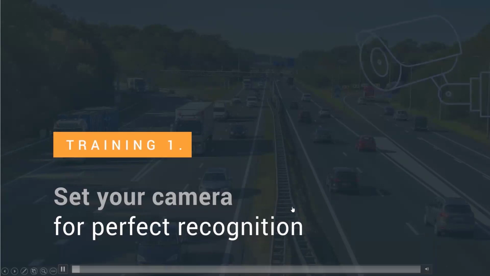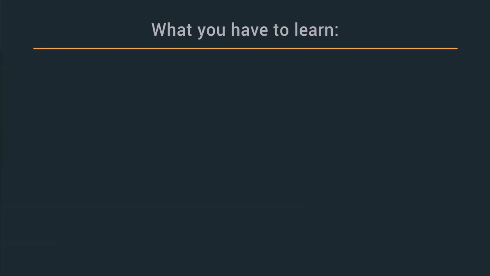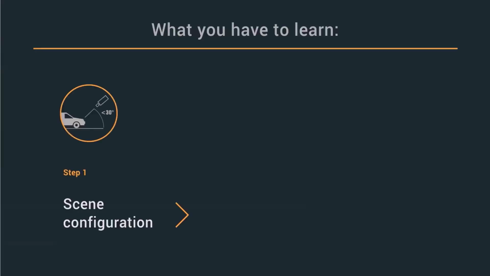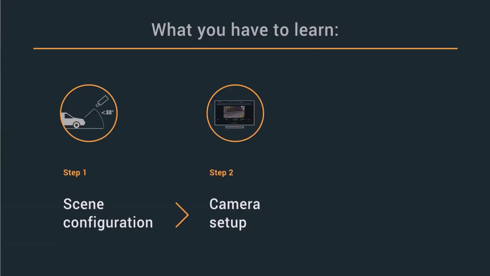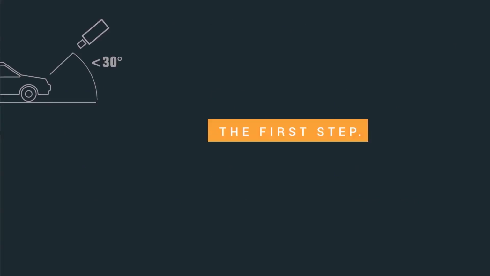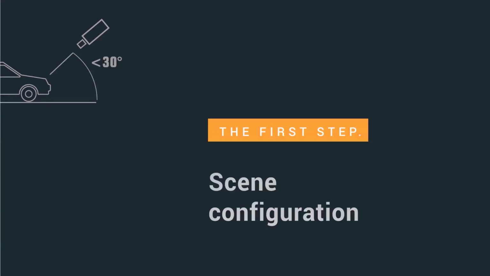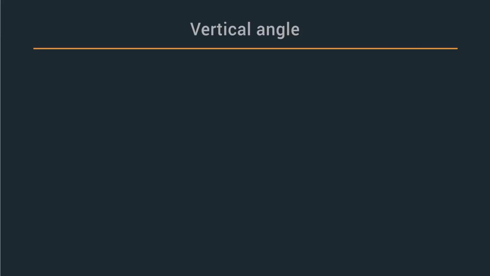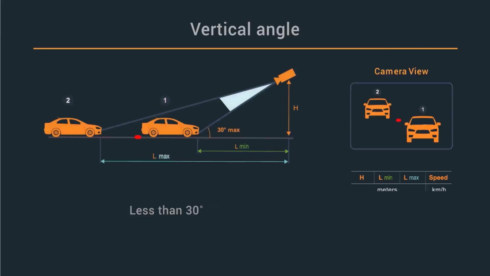Recognition. What you have to learn: scene configuration, camera setup, recognition zone settings. The first step: you should make correct scene configuration. Keep vertical angles less than 30 degrees.